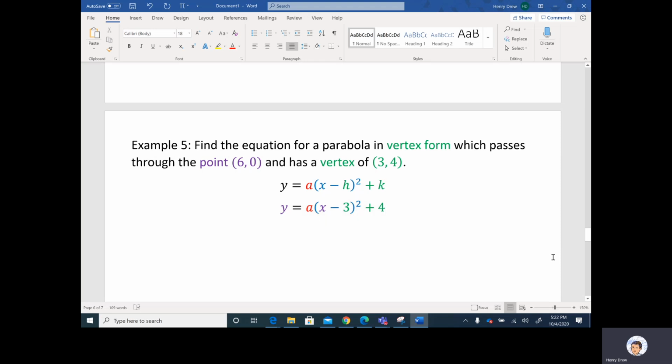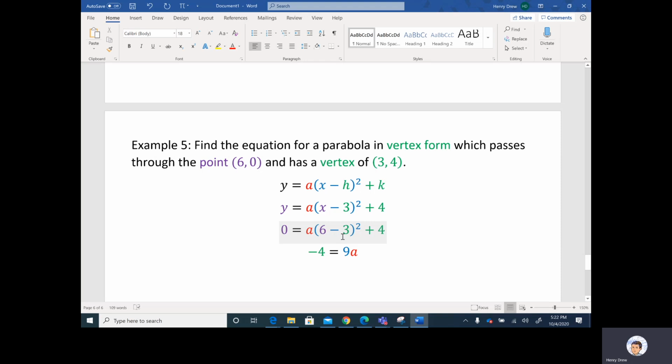So what to do? Well, I've color-coded it, so hopefully you can see we have a little bit more information: that we pass through the point 6, 0. So we should be able to plug those values in, 0 for y and 6 for x. And now it's a matter of trying to solve. If we subtract the 4 to the other side, it becomes negative.